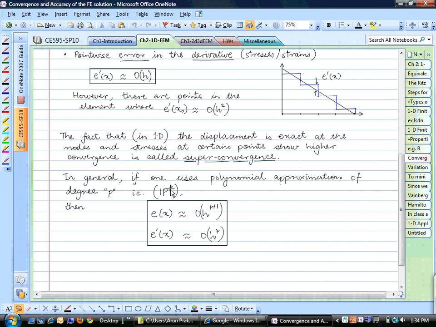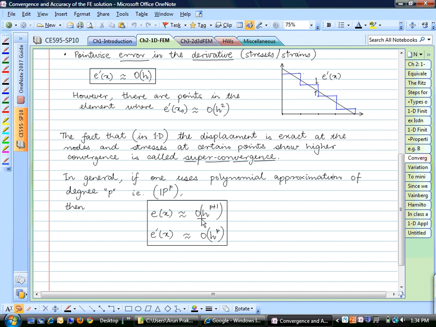That means p is equal to 1. h is the element size. So the error in the displacement is going to be of order h to the power 2, which means that if you decrease the element size by 2 by increasing the number of nodes, the error goes down by 1/4.